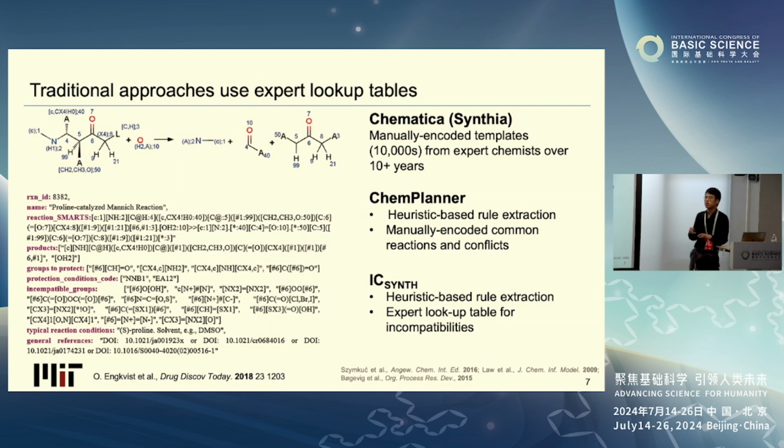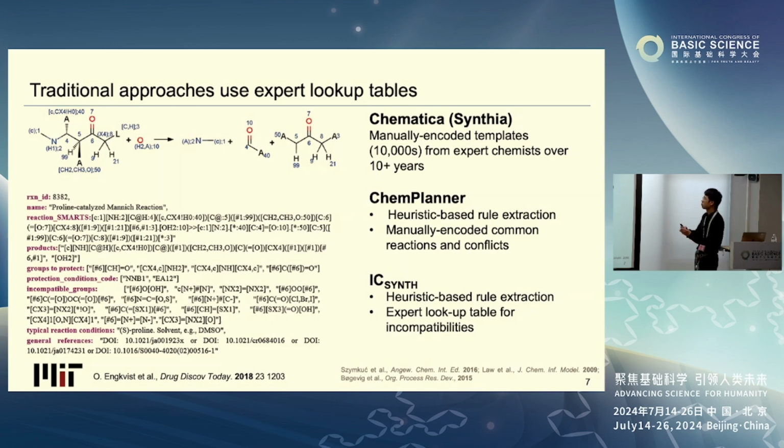This is actually not a totally new idea. People have been thinking about this a lot, and traditionally it has been a manual process. People encode these reaction rules by hand, and there have been some success stories, like Chematica, which is now a company called Synthia.